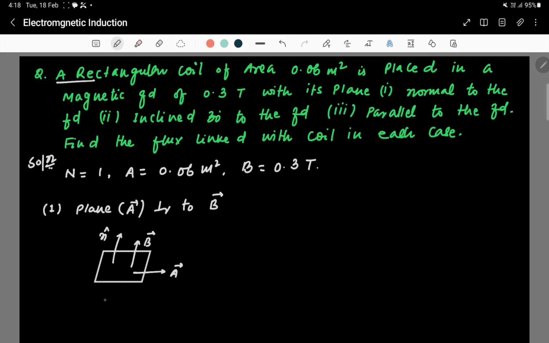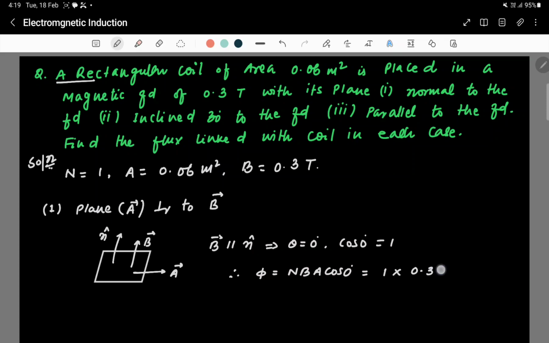Here in this diagram, the magnetic field is parallel to the unit vector, in the sense that theta equals 0 degrees. If theta is 0 degrees, therefore cos 0 degrees equals 1. The formula is flux equals NBA cos 0 degrees. N is 1, B is 0.3 and A is 0.06.